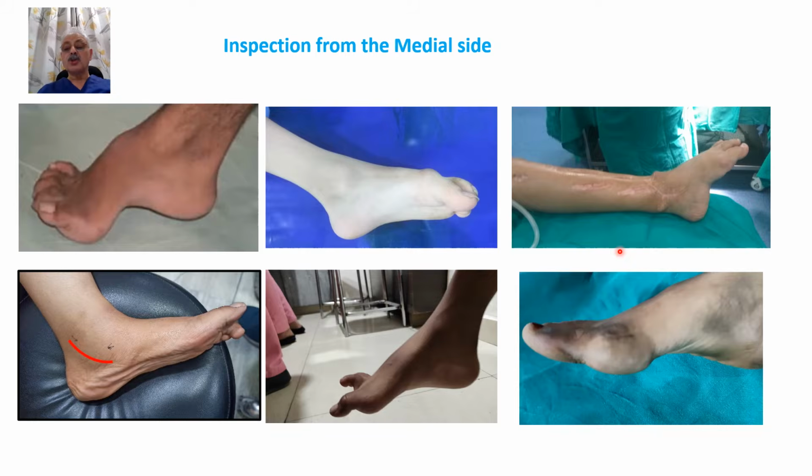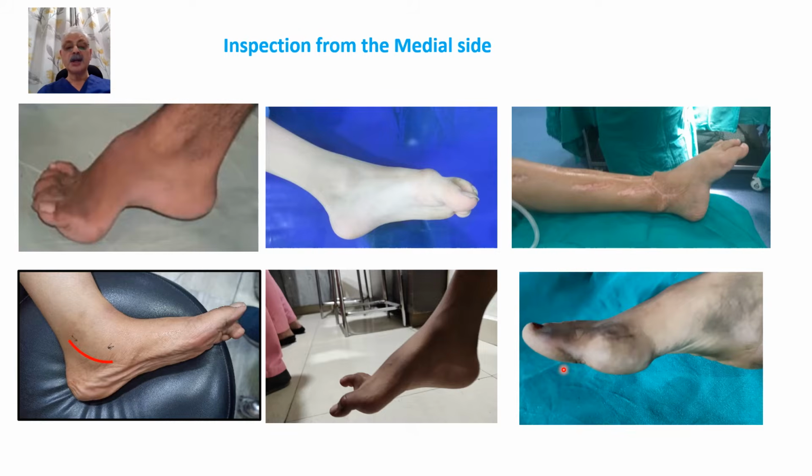Then you can also appreciate the equinus position in this leg, that after a post-traumatic condition this patient had an equinus position which needed a further correction by revision arthrodesis. And this is a case where you see a medial swelling at the MTP level, and this patient turned out to be a case of recurrent pigmented villonodular synovitis.